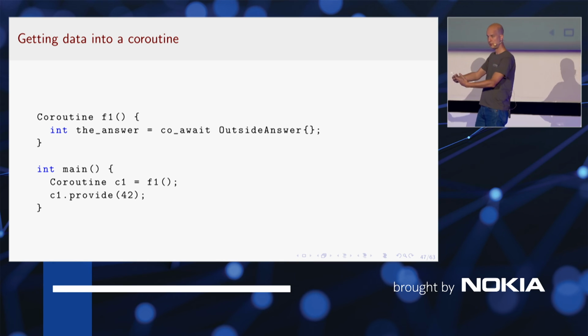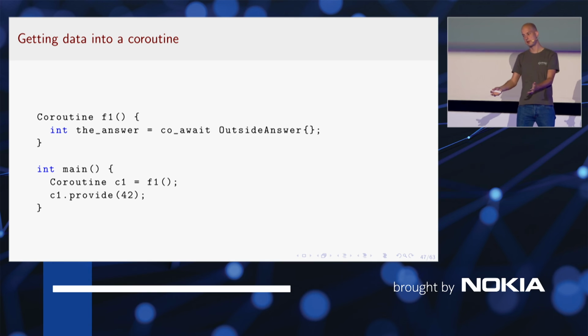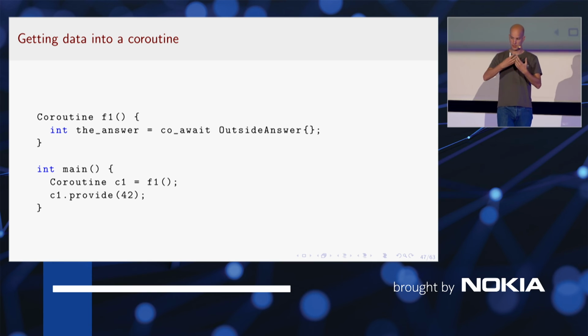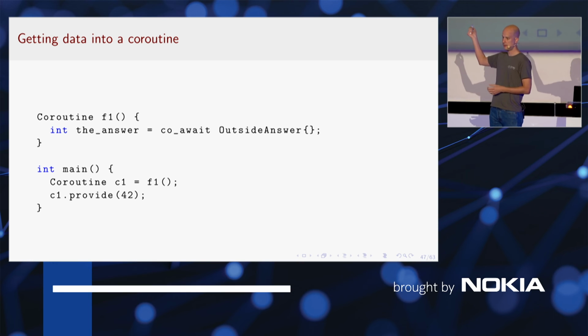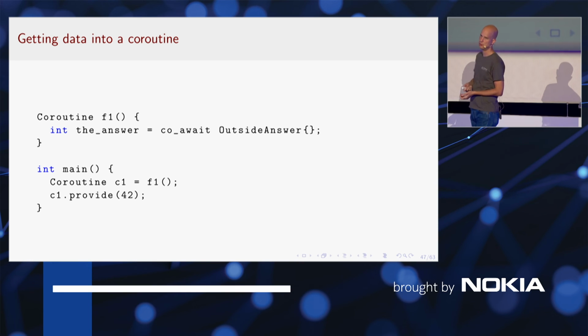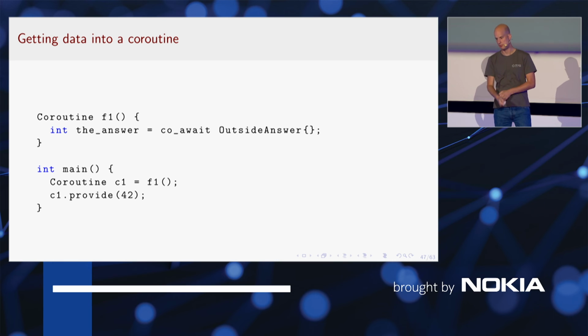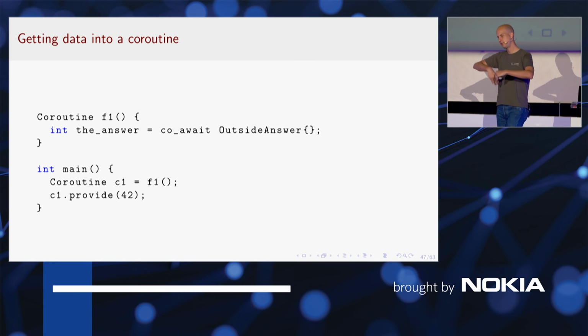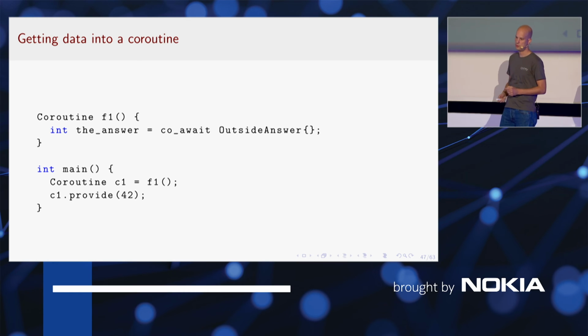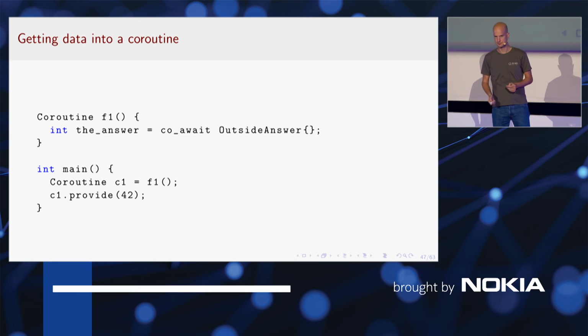My caller is going to provide me more data, and once that data is available, I'm going to be woken up again, and then I can continue executing. The data that was provided to me falls out as a return value of this co_await call when I eventually wake up. And the caller side on the bottom is simply: I'm going to have such a provide function where I put the data in, and then it's going to fall out of the co_await call at the top.